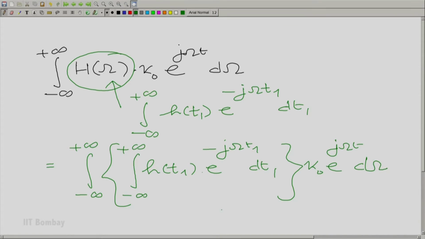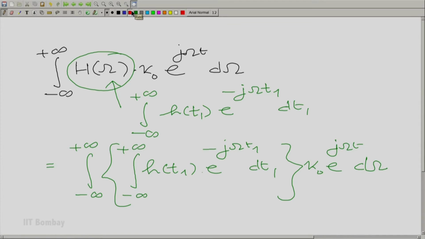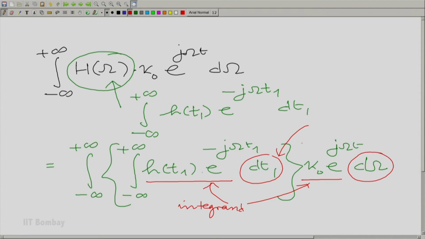So, we have a double integral now. Now, you see, in this double integral, we will first put the whole integrand together, and then we will see if we can do a little bit of rearrangement. Can we exchange the order of the integral and see something in it? So, the first thing is, let us aggregate the integrand. All this is the integrand, this and this together forms the integrand, and these are the elements of integration.